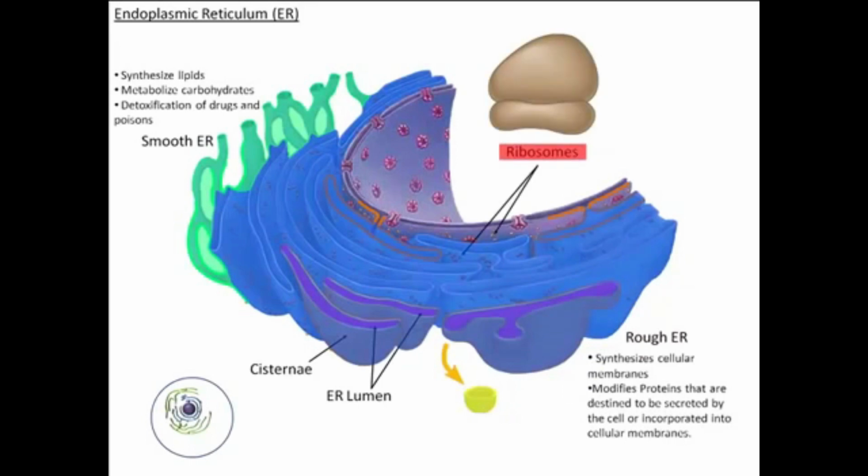As ribosomes translate mRNA, they feed the newly synthesized protein into the lumen of the ER, where it's then modified before it's sent off to the next organelle called the Golgi apparatus. Once the protein has been modified, those proteins are packaged into a transport vesicle such as this, and those vesicles, which are simply small membranous sacs that bud off from the ER, are transported through the cytosol to the Golgi apparatus.